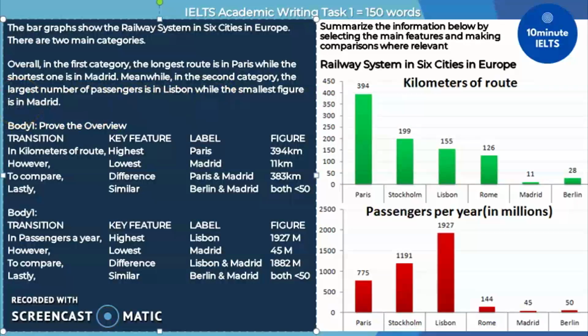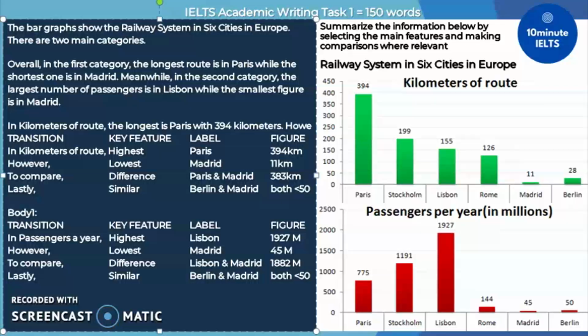Now we can move on to the body. Just make it a bit more personal. We'll start with in kilometers of route. The highest, or let's say the longest, is Paris with 394 kilometers.